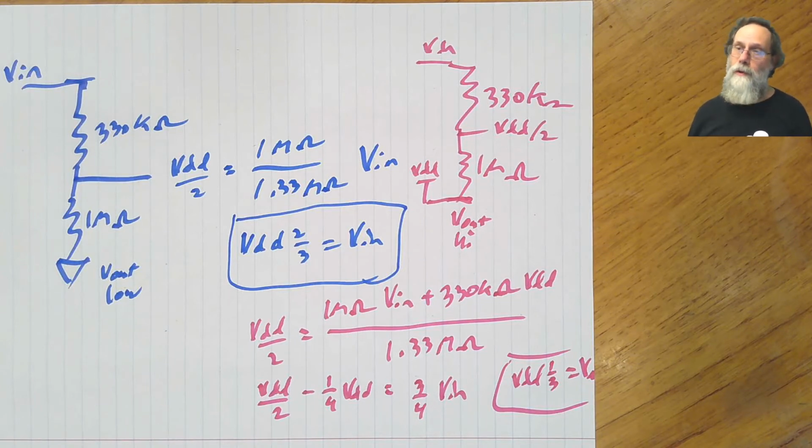If you need your thresholds not to be symmetric about a half, then you have to move that middle voltage, the constant voltage, up or down. It's all fairly straightforward algebra to figure out what resistor values will give you the thresholds you want. Okay, so that's it for the non-inverting Schmitt trigger.